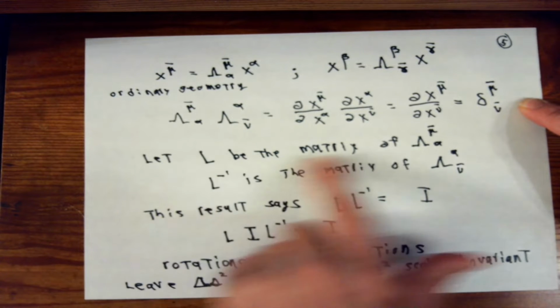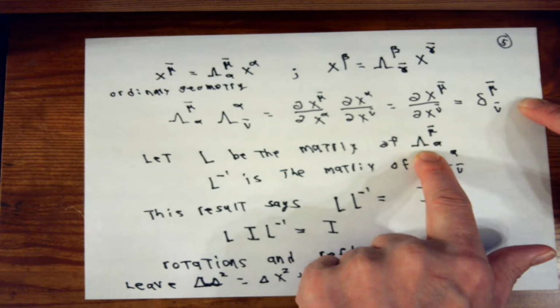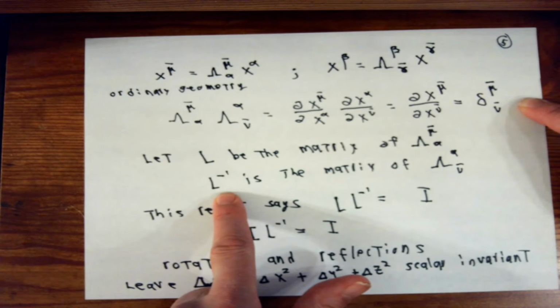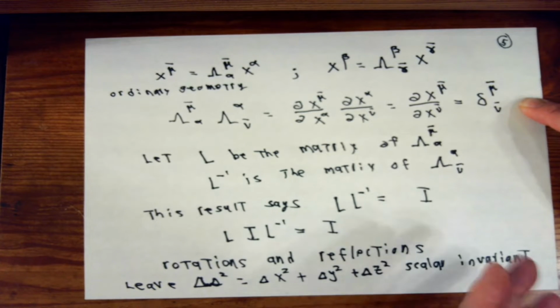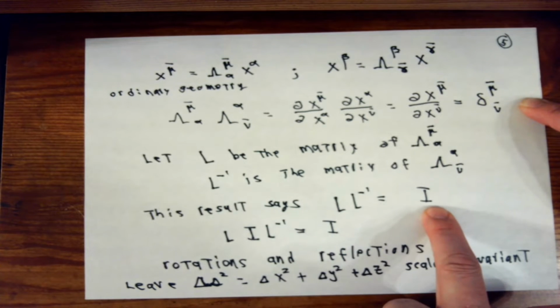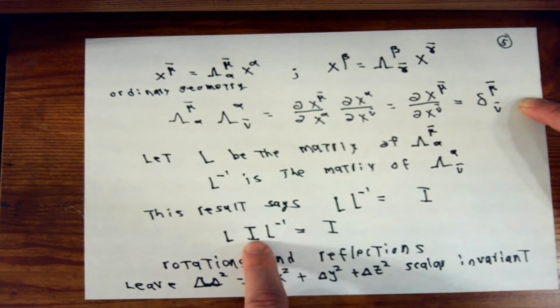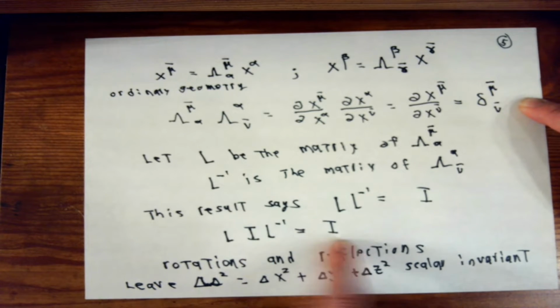Let L be the matrix of lambda mu bar alpha. L inverse is the matrix of lambda alpha nu bar. This says that L times L inverse is the identity, or L times the identity matrix times L inverse is the identity matrix.